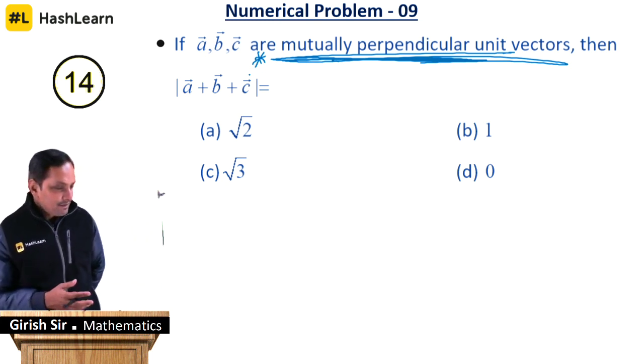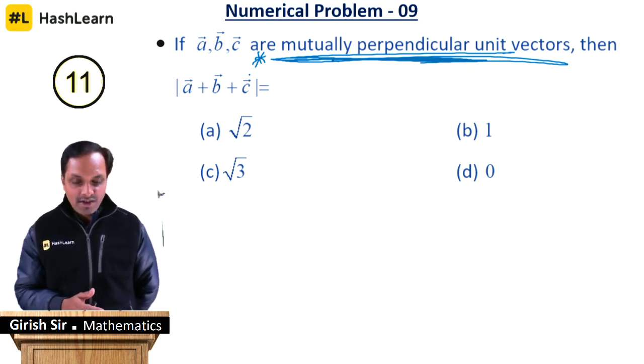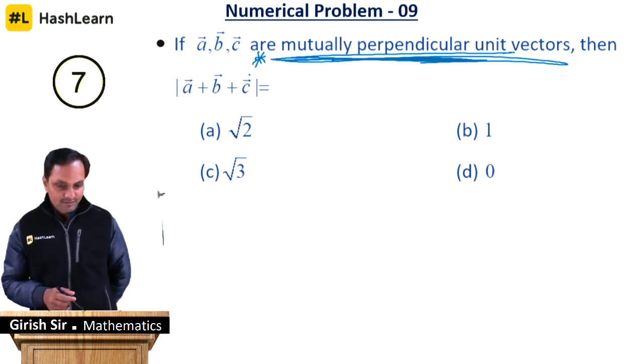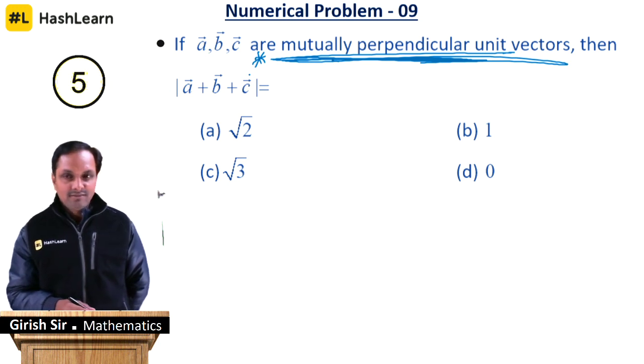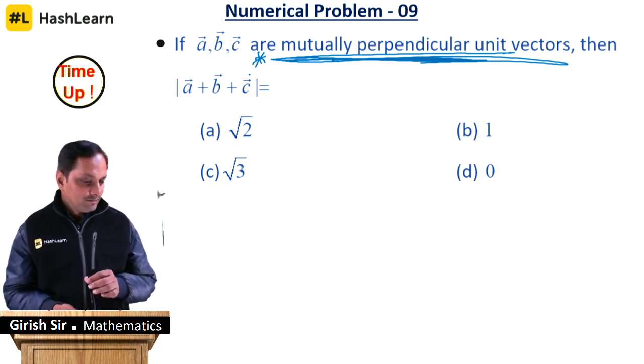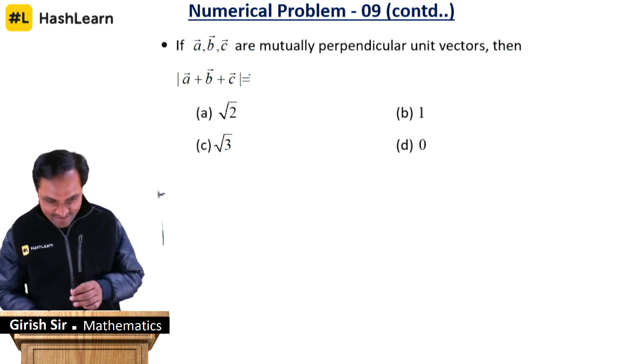Come on guys, Nirmal, Peru and Himanshu. What is the option? A, B, C or D? Time up. And let's see.